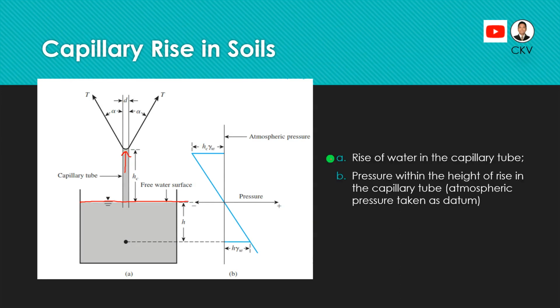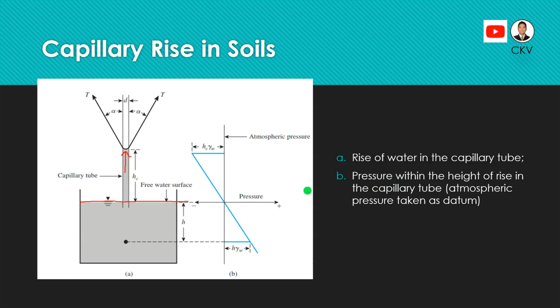As you can see in this figure, we have here the capillary action of water on the tube. It has the same behavior in the soil. On letter B, this is the equivalent diagram for the pore water pressure.